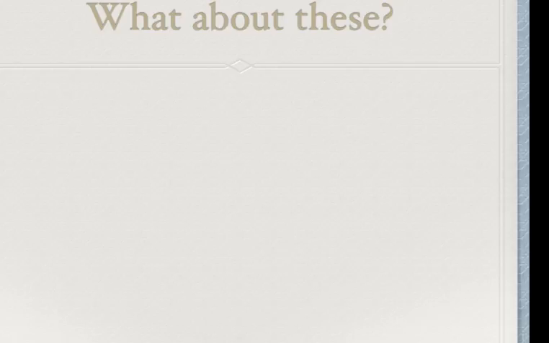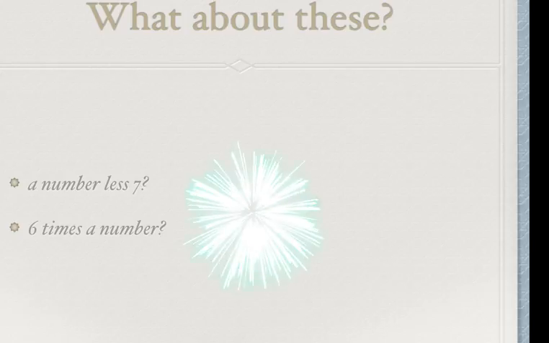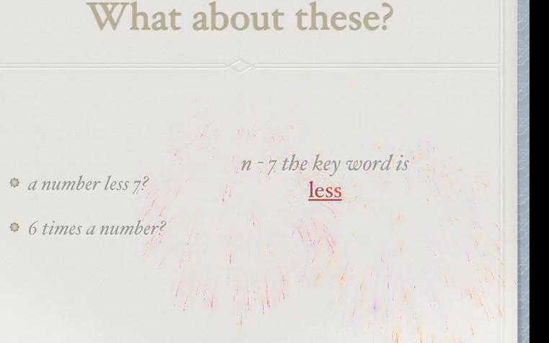What about these? A number less than 7. And 6 times a number. So think about how those are worded, but when you're writing expressions, you have to think about how you're going to actually write that expression. So n minus 7, the key word is "less."